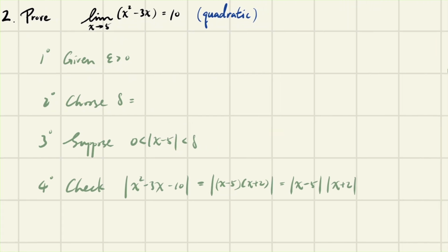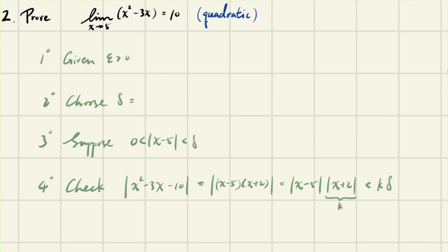So this x plus 2, what is it? It's basically just k, right? So this whole thing will be smaller than k delta. So now what do we have to find? We have to find what k we should choose.